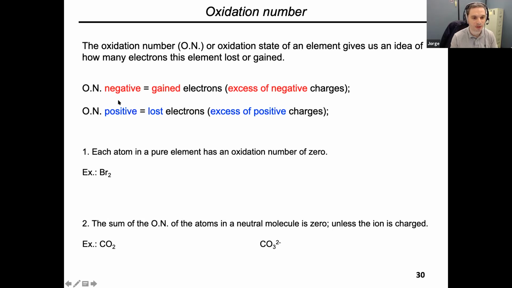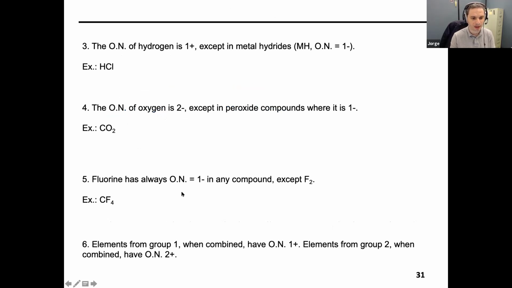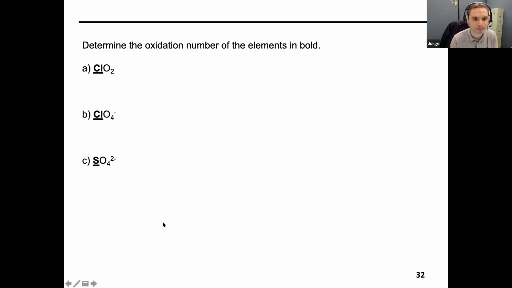And the opposite, a positive oxidation number, means that electrons were lost and we have an excess of positive charges. I showed you a set of 6 rules, and with those rules, we can calculate the oxidation number for any element in any compound. What was left was to determine the oxidation number of the elements in bold.